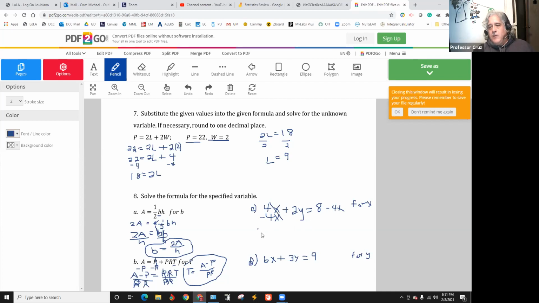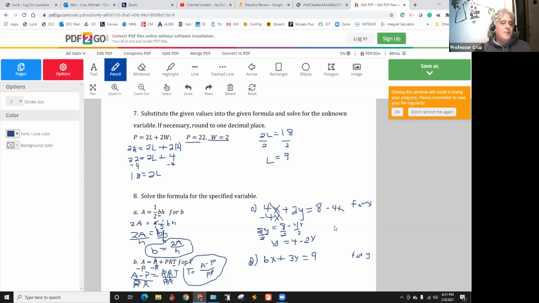And then we got 2y is equal to 8 minus 4x. And then we're going to divide by 2. And everything gets divided by 2. So y is equal to 4 minus 2x. Great.